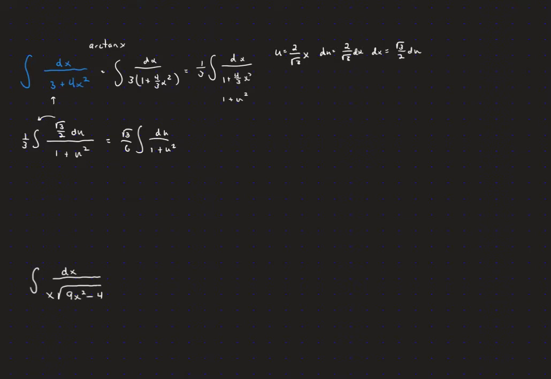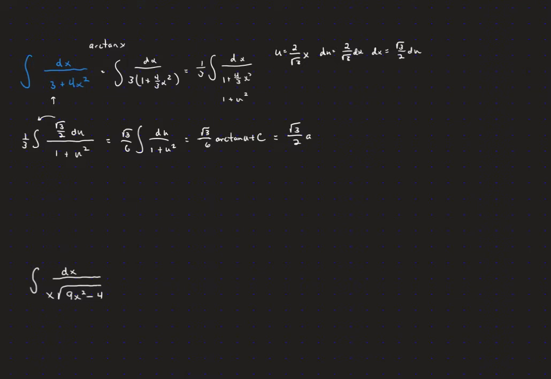That is going to give us our arctangent. So that's going to become the square root of 3 over 6, arctangent of u, and then we'll go back to our x's.